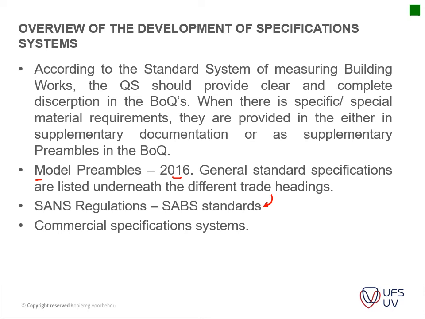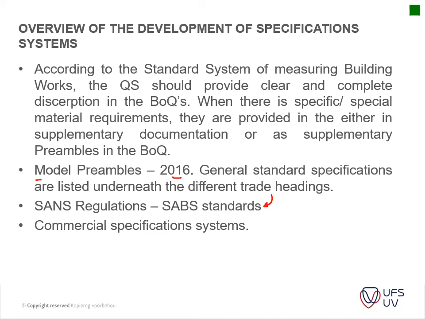Your SANS regulations are basically the most important specifications that you've got. For instance, how items are to be built, how excavation should be done, how long curing should take place, and so forth.